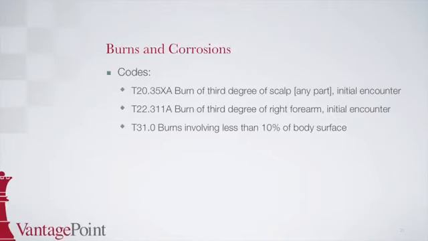To locate this code, start at burn in the alphabetic index, then look for extent with percentage of body surface area in parentheses. Since only 6.75% is affected, the range needed is less than 10%, which points to T31.0, which you would then confirm in the tabular.